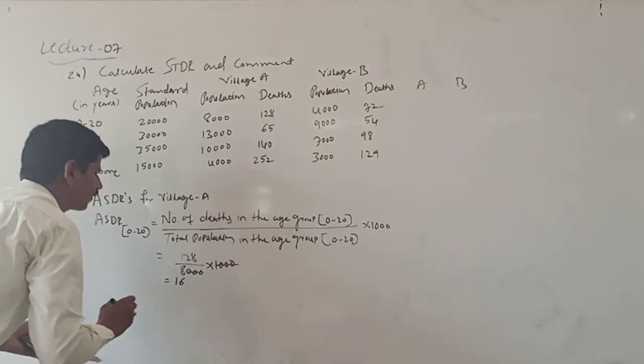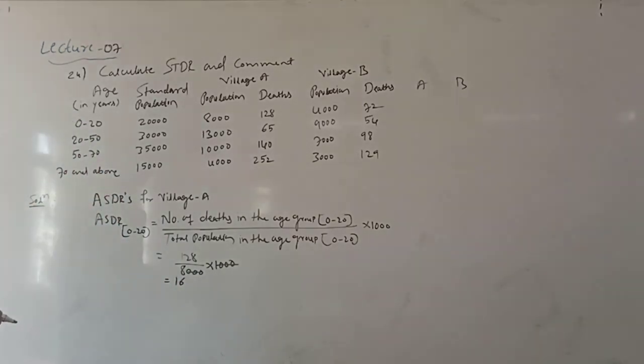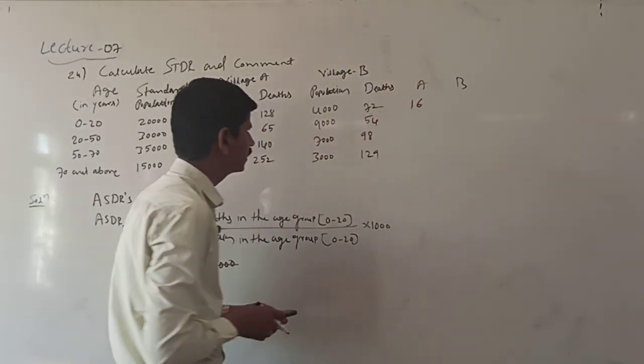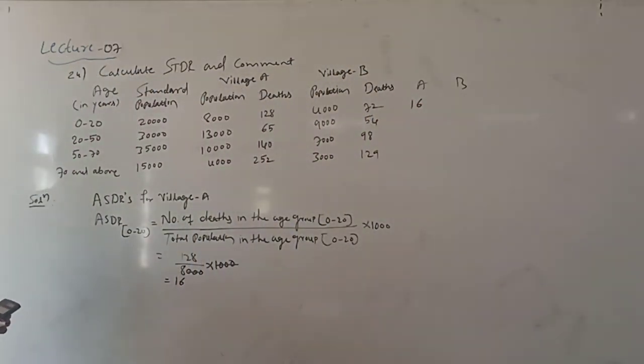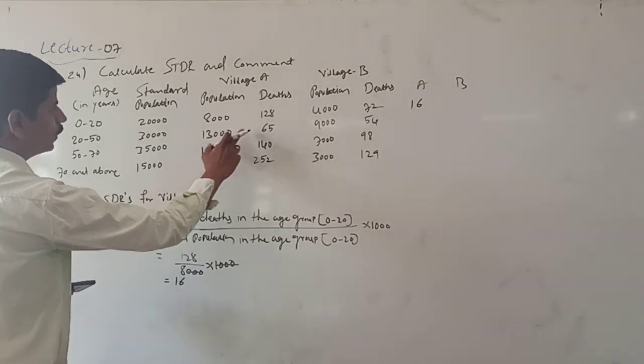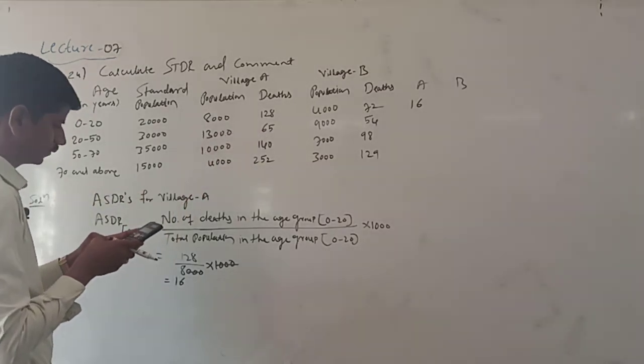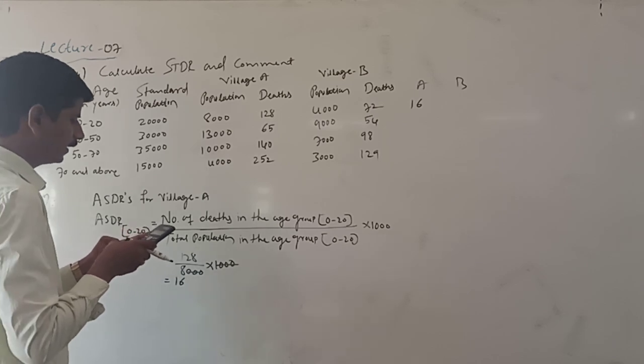That is, ASDR for 0 to 20 is 16. You have to put 16. Next, the remaining ASDRs are calculated directly, not writing like this. Here 65 divided by 13,000 into 1000, then we will get 5.